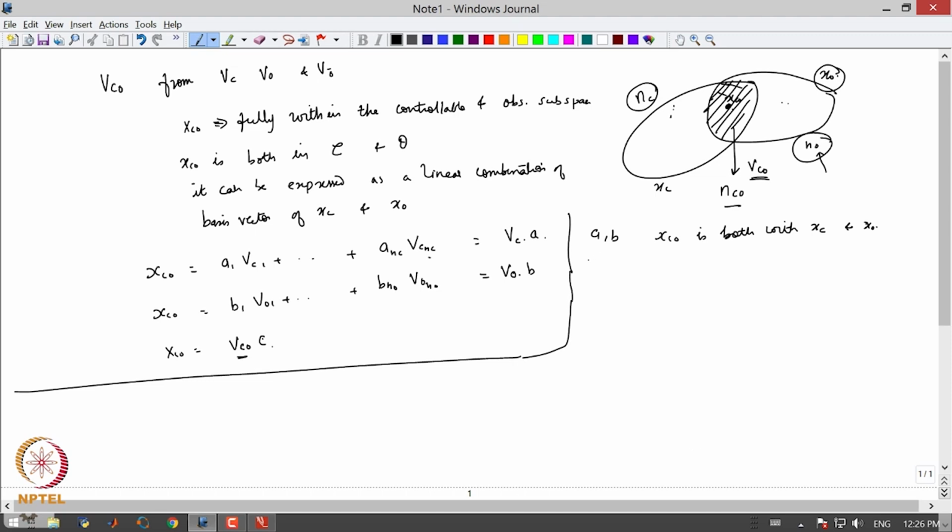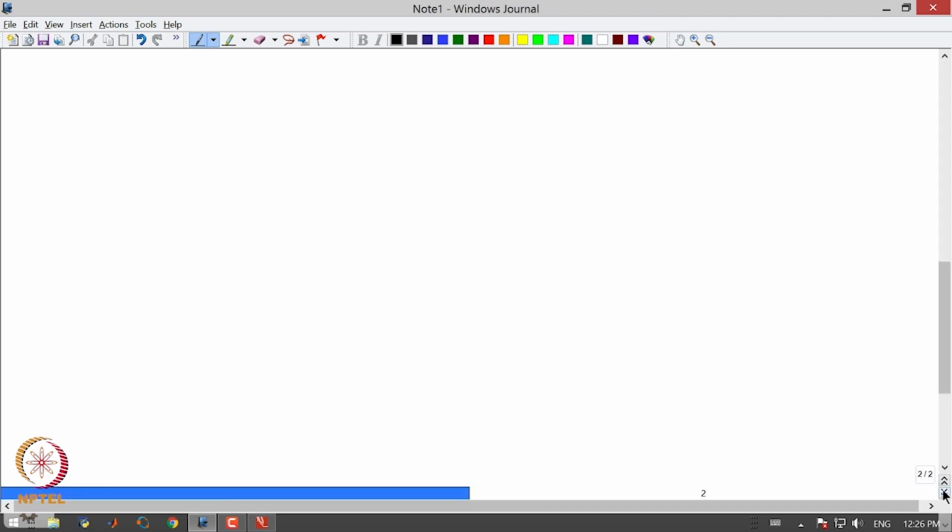So, let us go to a new page, and consider the subspace of A to be spanned by some vectors, say A1 till A nco.